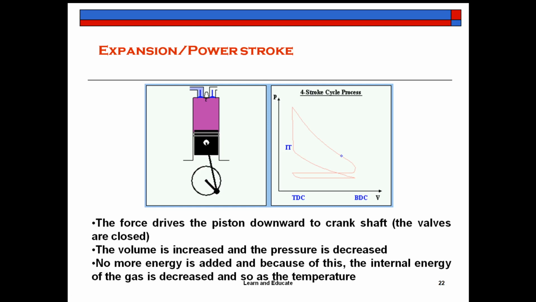The force drives the piston downward to the crankshaft. The valves are closed. The volume is increased. No more energy is added, and because of this, the internal energy of the gas is decreased because we are getting power output, and the temperature also will be decreasing.